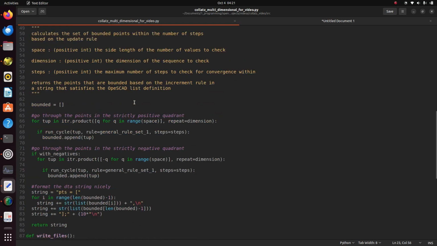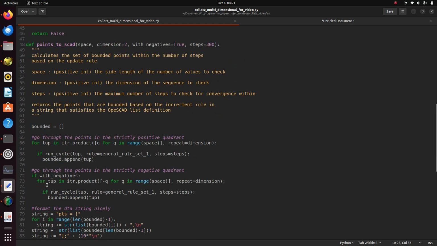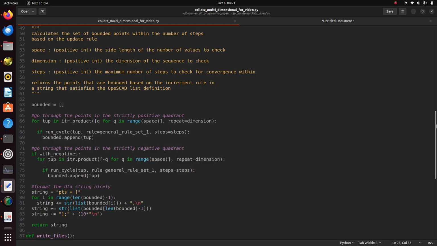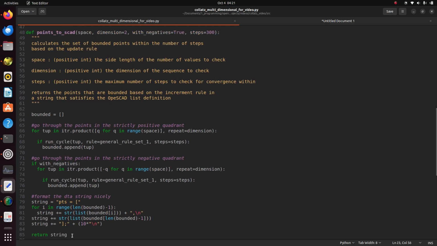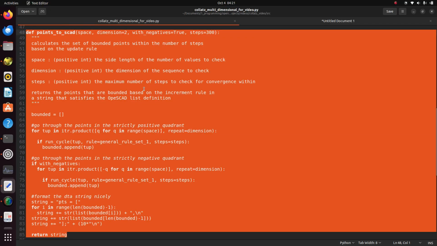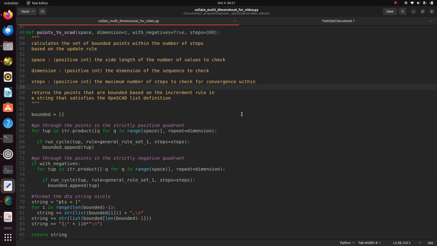And this essentially just calculates all the points. This piece of code just goes through the three-dimensional space and looks for convergence for each point.